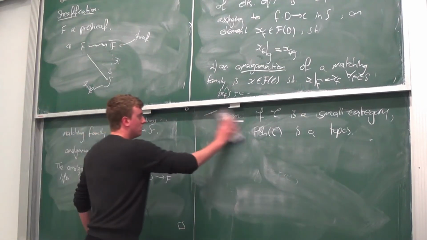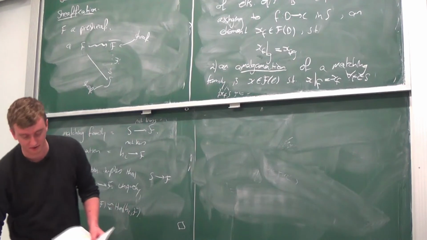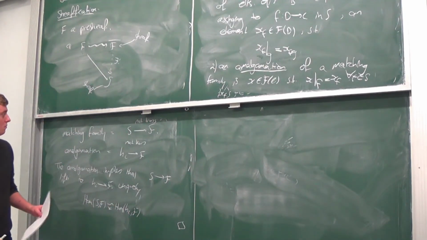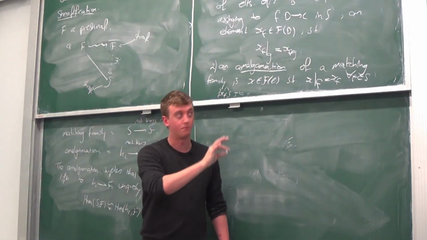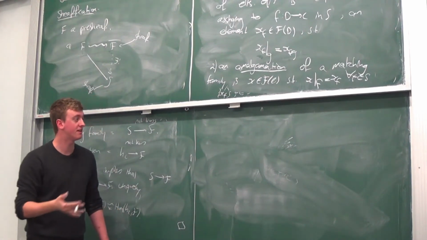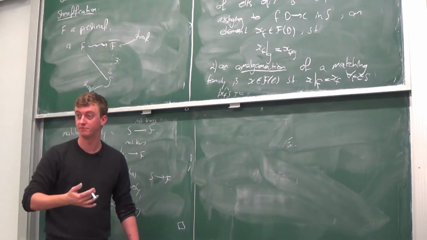All right. Well, why have I actually just given you a new way of saying something that we already laboured our way through? Well, talking about matching families and amalgamations in terms of presheaves and sheaves on a site makes it much easier to see how we're going to construct a sheaf out of a presheaf.